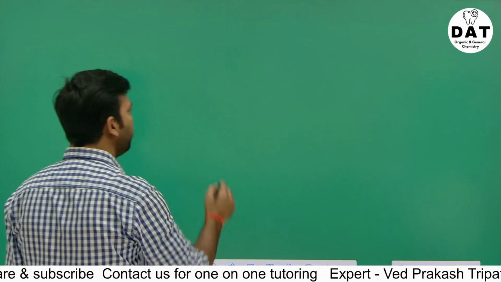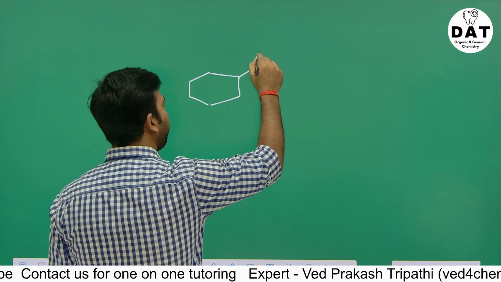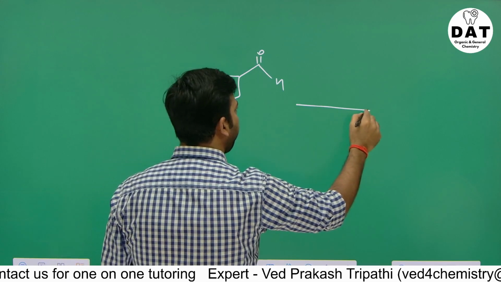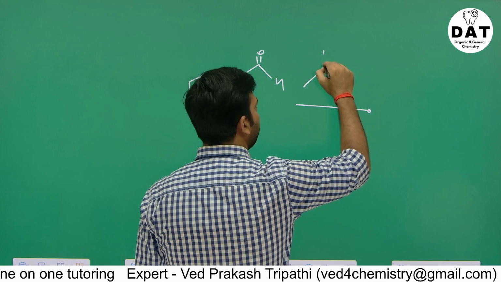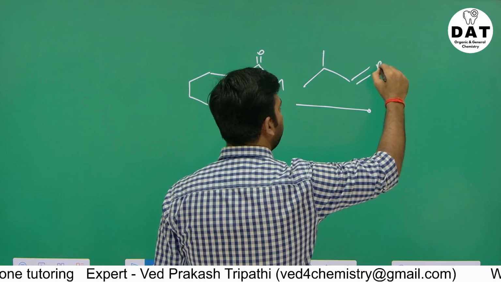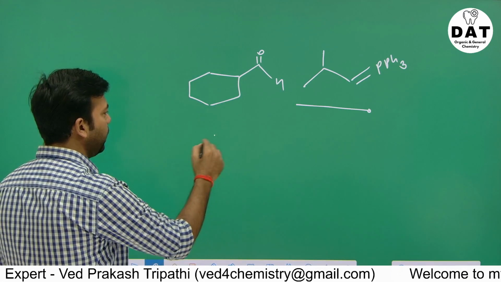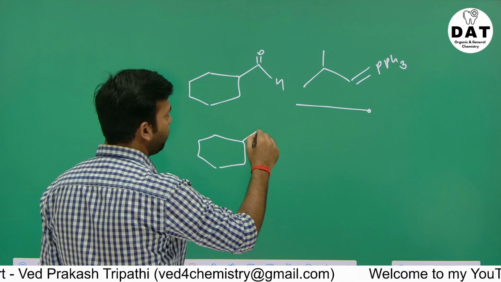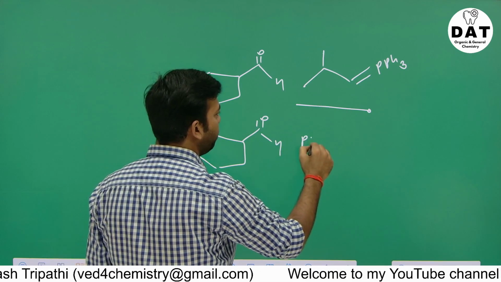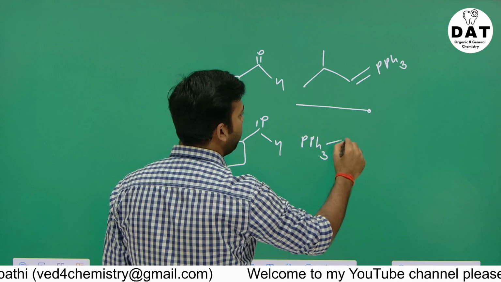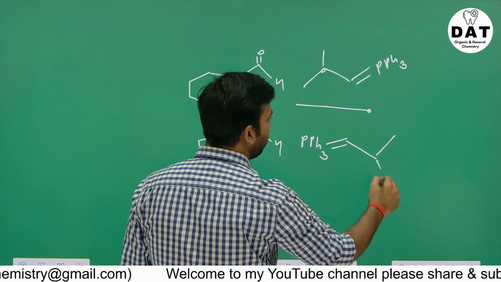We can discuss a few more examples. Suppose you have this one. Again, I said write down the aldehyde part in this way, and close to this oxygen, PPH3 double bond, and this carbon is bonded with this carbon, and there are two more connectivities.